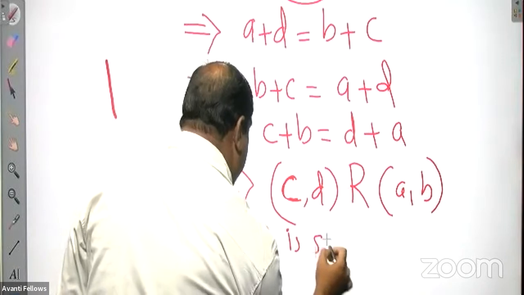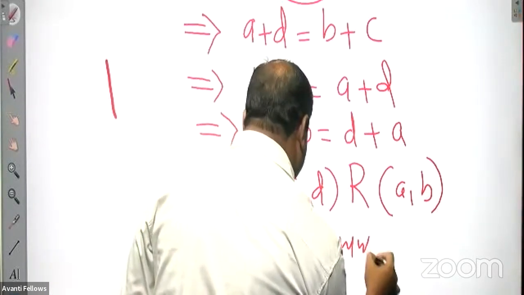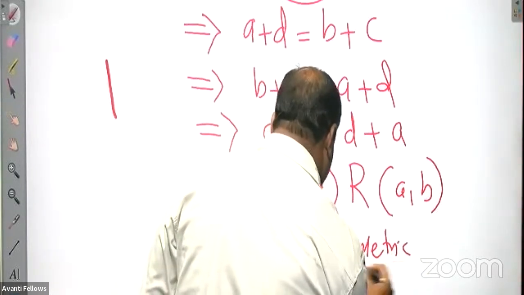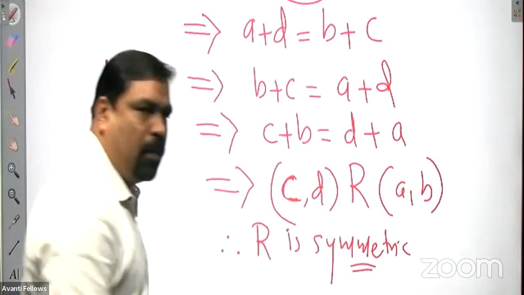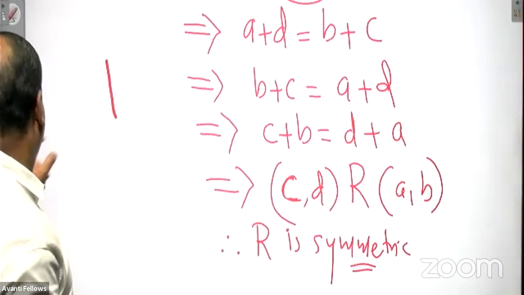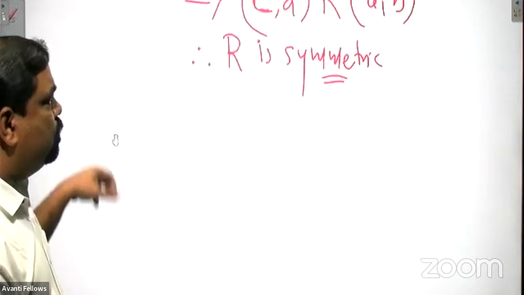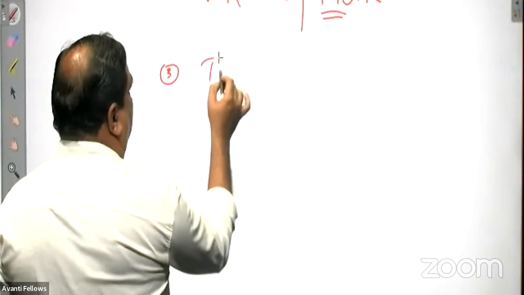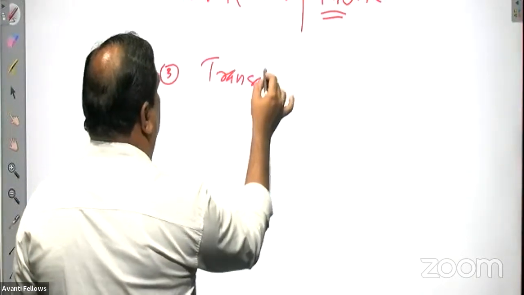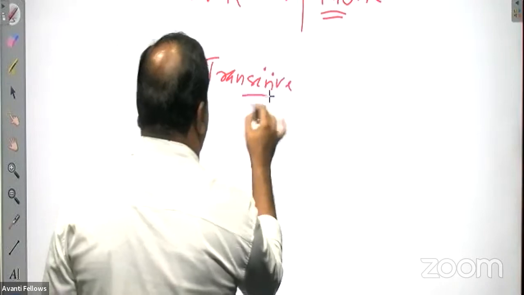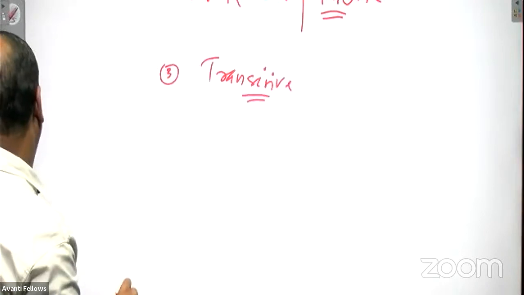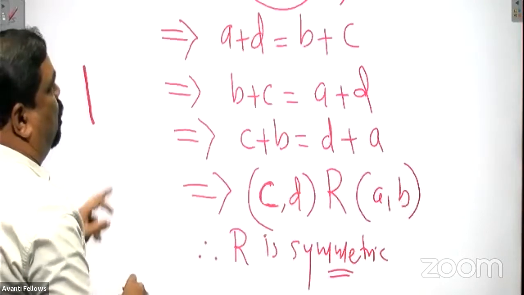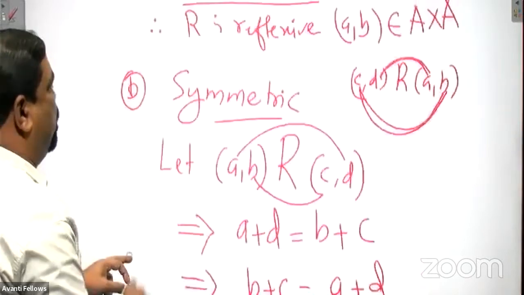Sorry, symmetric. Now the third one, transitive. I think in the second heading I have written transitive. That is wrong. We have proved it. Sorry, symmetric. Correct? Okay.